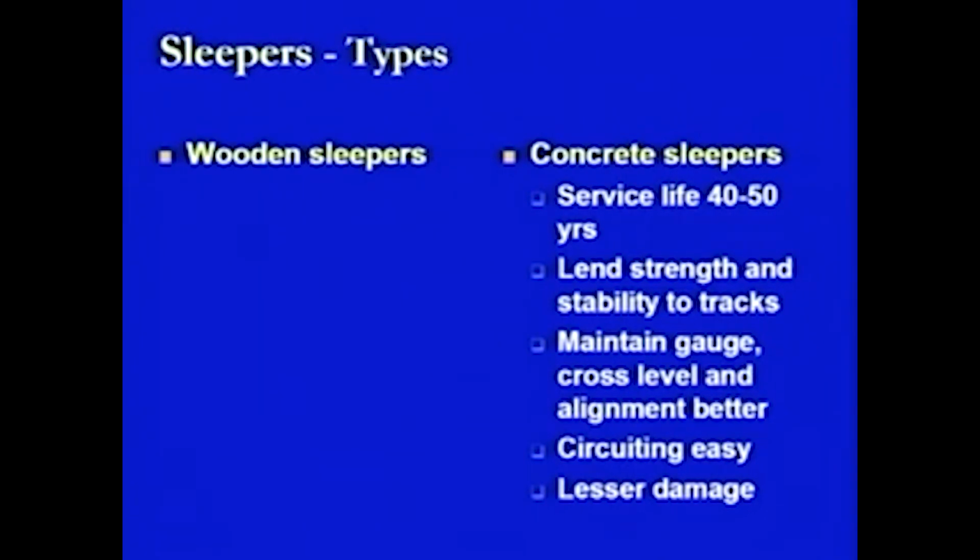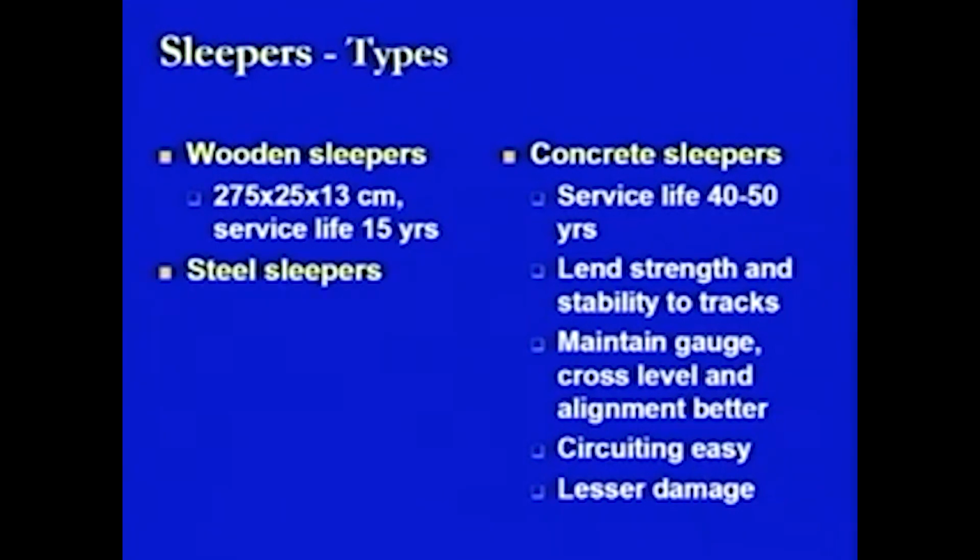The other type of sleeper which has been in use from very old times is the wooden sleeper, and this wooden sleeper most of the time has a size of around 275 by 25 by 13 centimeters, and it has quite a low service life, somewhere around 15 years only.